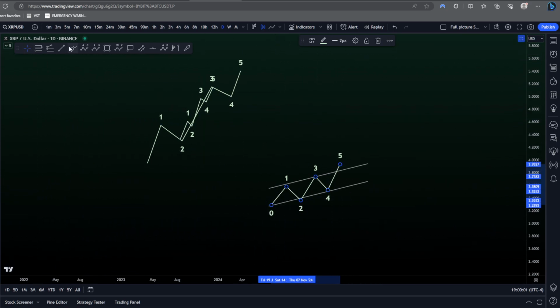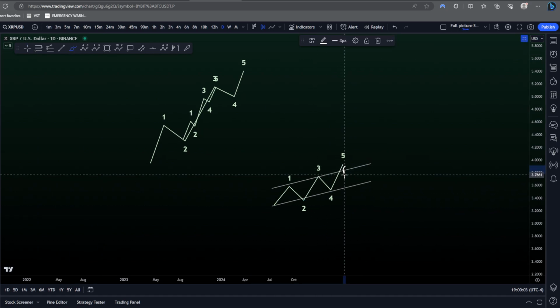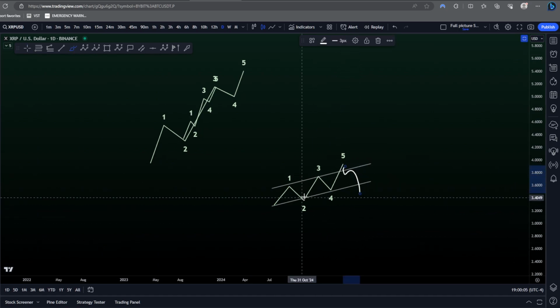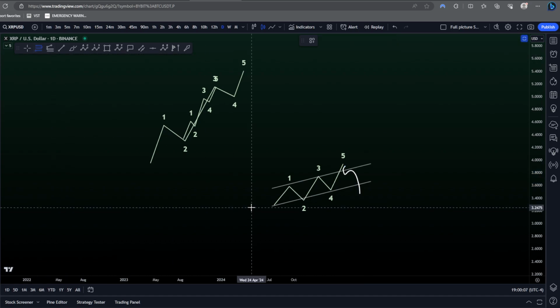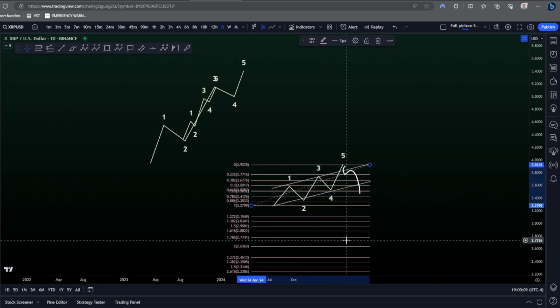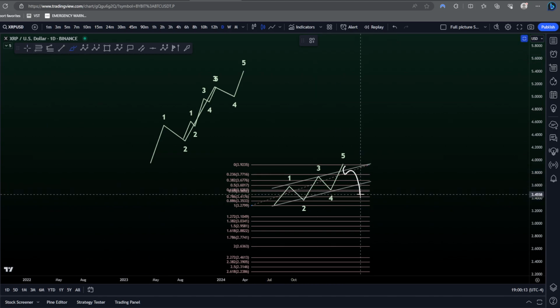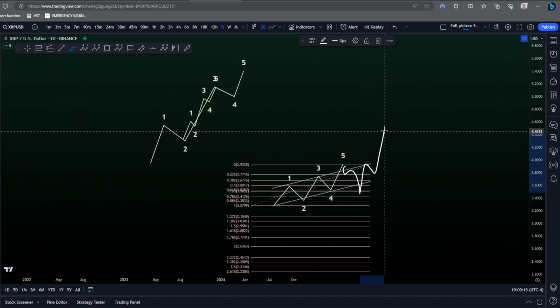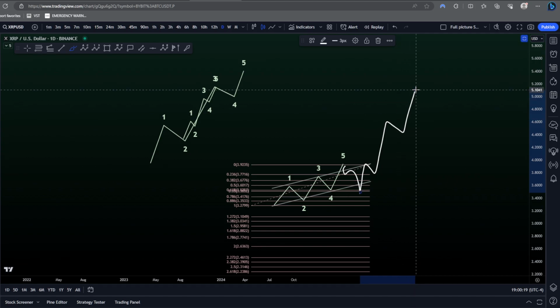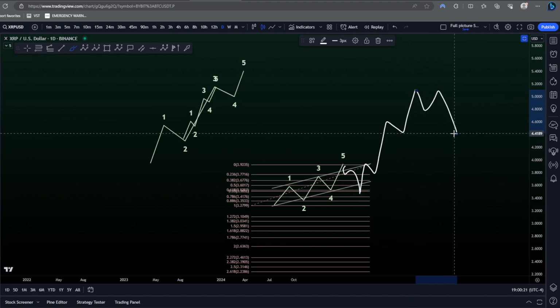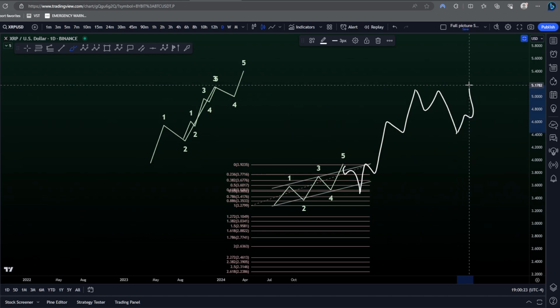It's just like muscle memory. And then you can expect a correction, and you'll correct. Look at that, to the 618, and then 1, 2, 3, 4, 5, right?